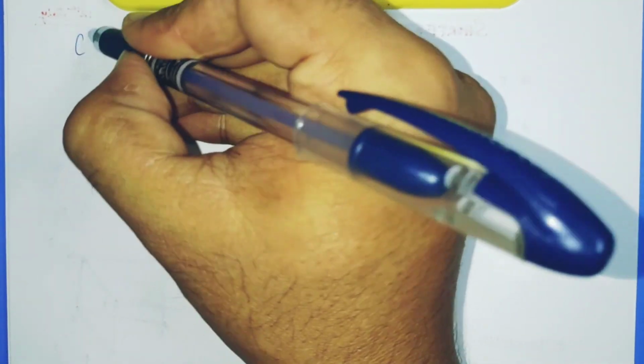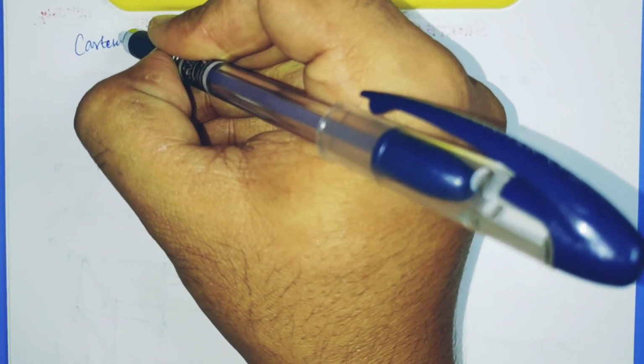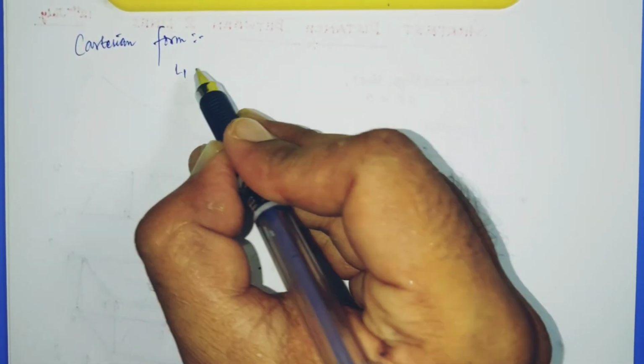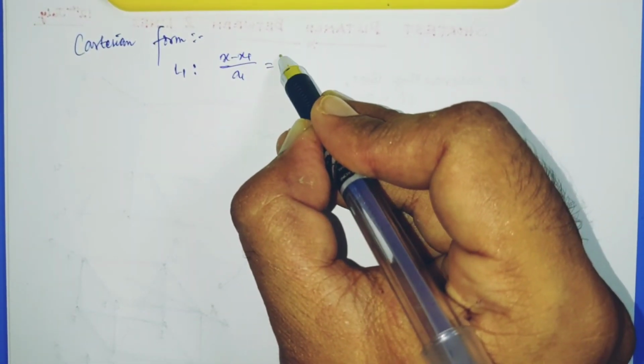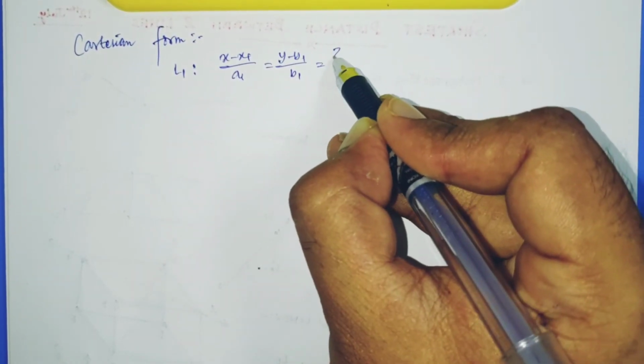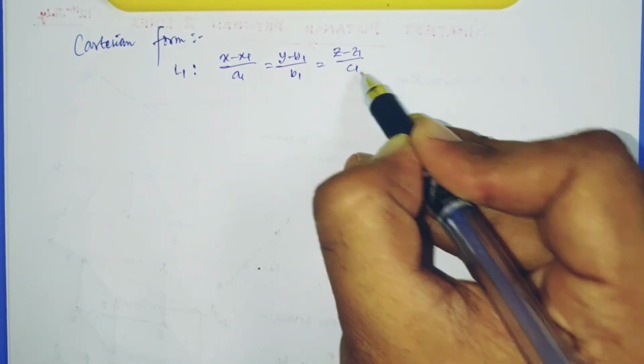Okay, clear? Now let's derive the Cartesian form of that shortest distance. In Cartesian form, the equation of line L1 will be (x minus x1) by a1 is equal to (y minus y1) by b1 is equal to (z minus z1) by c1, right?